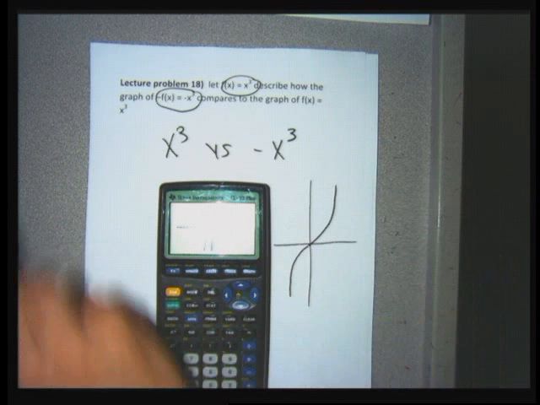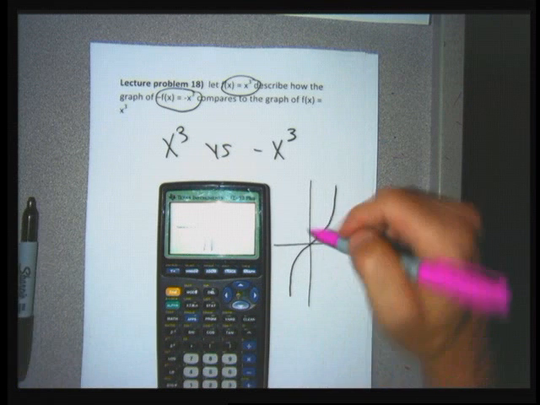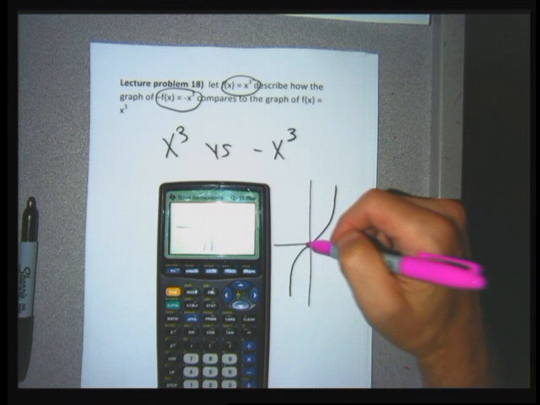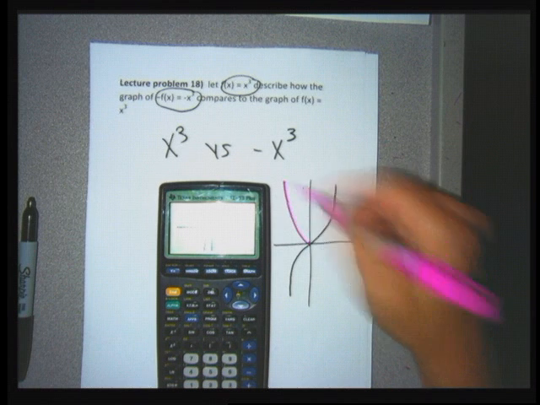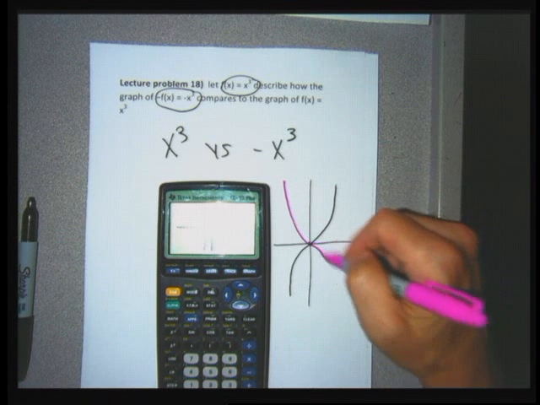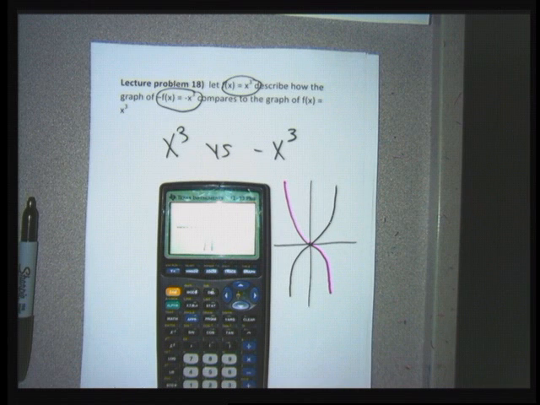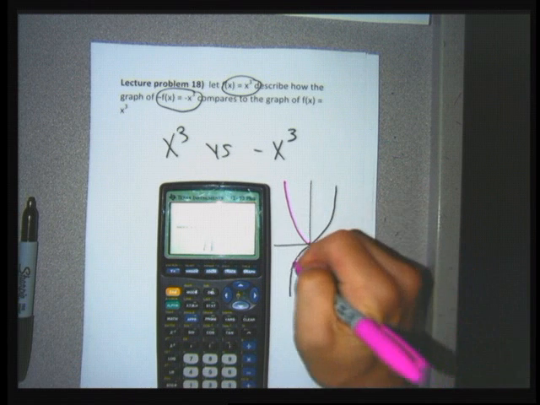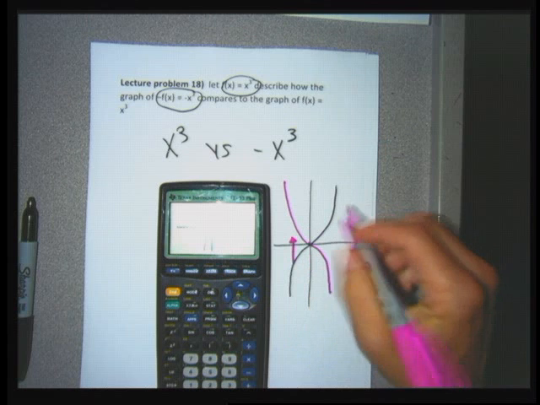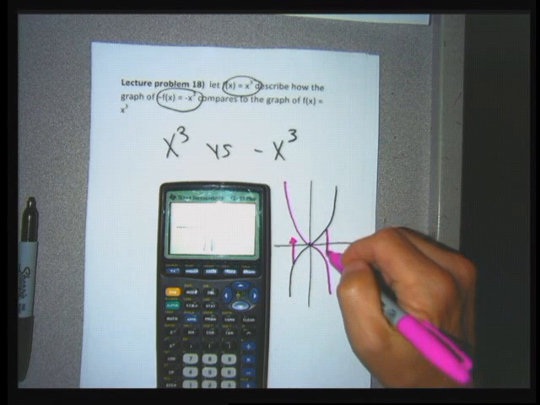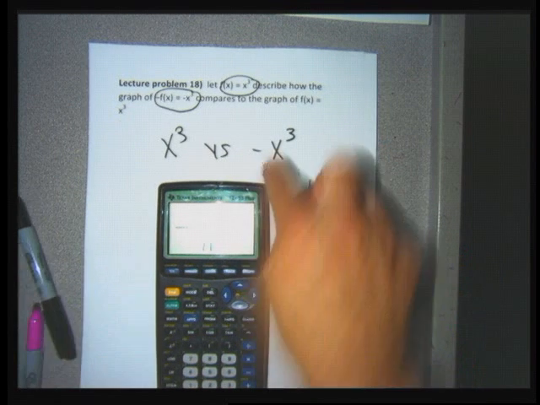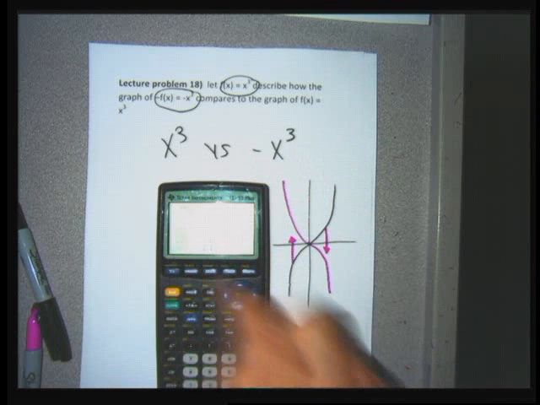The graph of negative x cubed is going to flip it over the x-axis. It's going to take this part that's down here, flip it over the x-axis, take this part up here, flip it over the x-axis. So when I do my new graph, this bottom part is going to be shifted above the x-axis. This top part is going to be shifted below the x-axis. Putting a negative in front of an x flips the graph over.